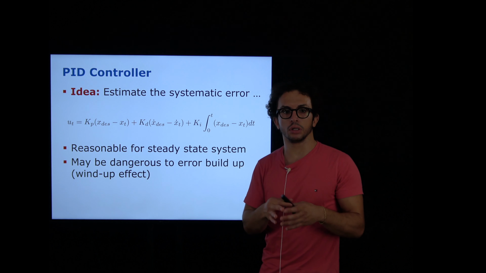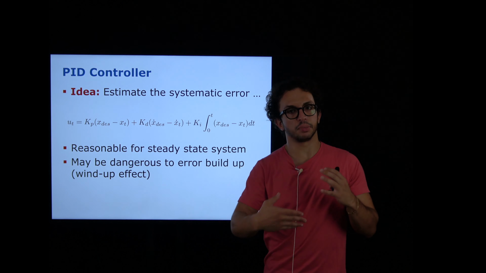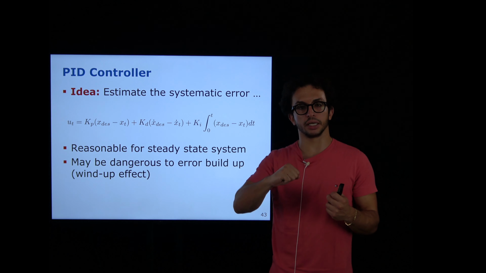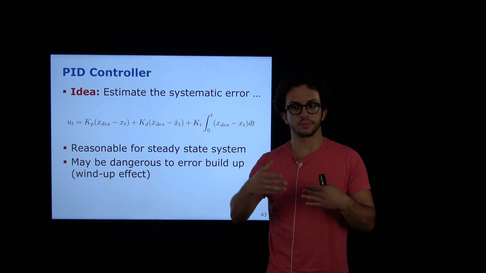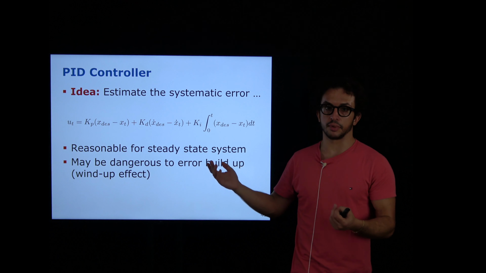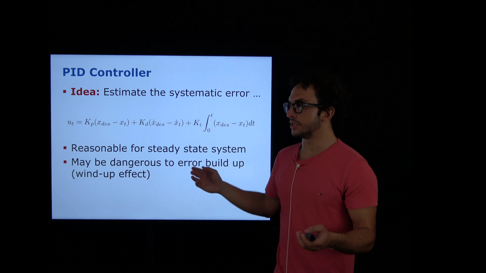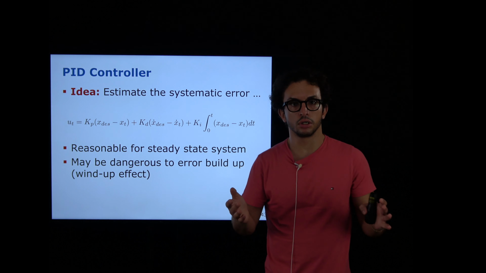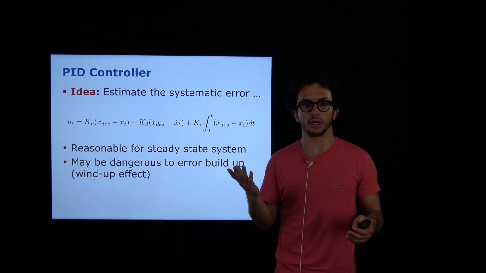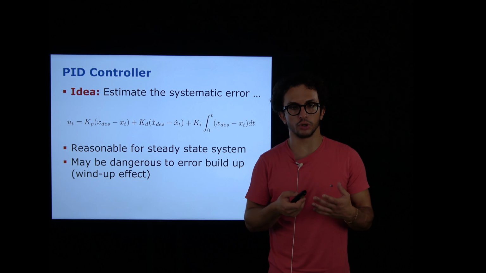It's just an input that will drive the robot a bit faster so that it starts compensating, but then this compensation goes on in time, and it's not just one super big impulse, but it's distributed in time. This is an alternative to the techniques I mentioned before, for example conditional integration, where you see the robot getting stuck and then you just switch off the integrator, because in some cases you actually want the integrator to be on and you want the robot to be able to compensate for the error that it accumulated so far.